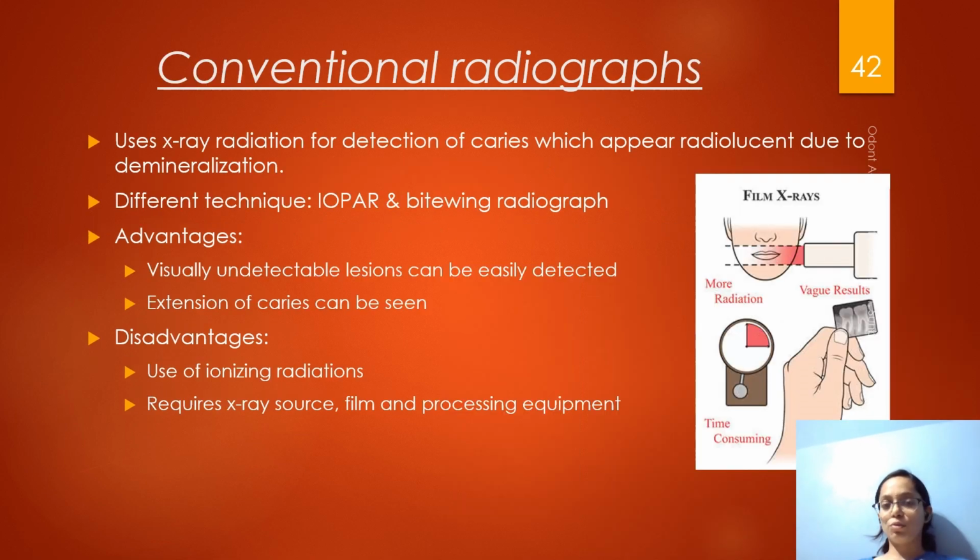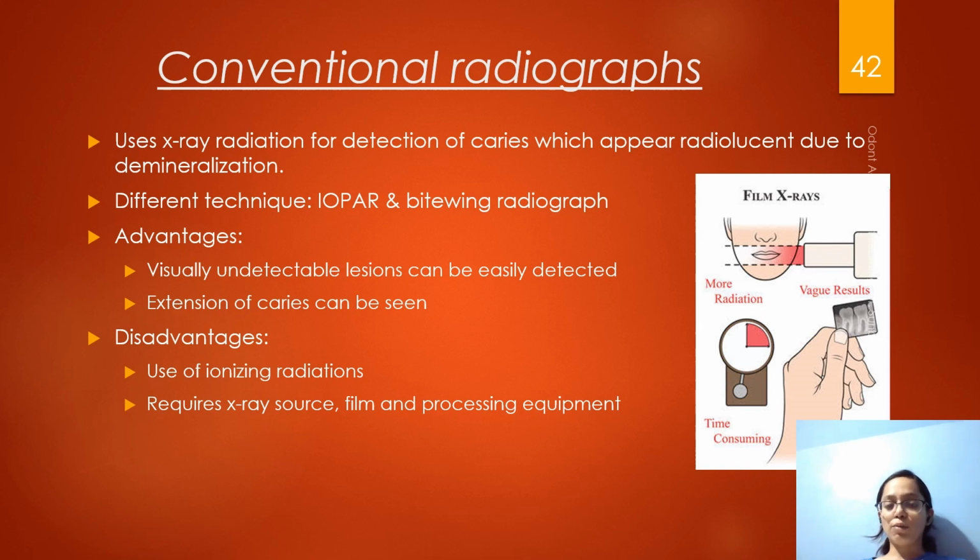Then of course we go to our radiographic methods, okay, where we're using the X-ray radiation to detect caries. They will be detected as radiolucent structures on the radiograph, telling us about the amount of demineralization of the tooth that has occurred.